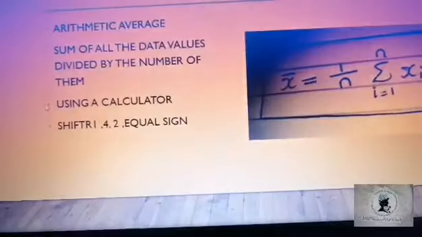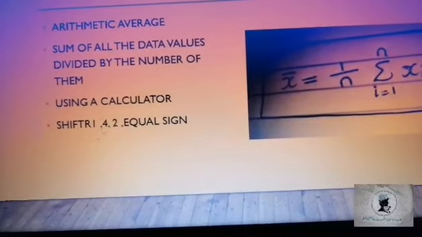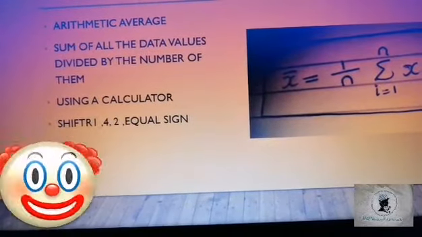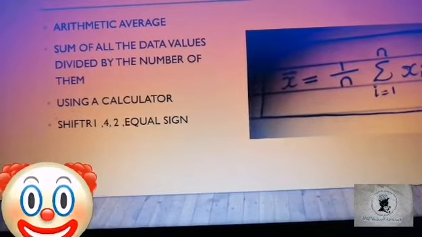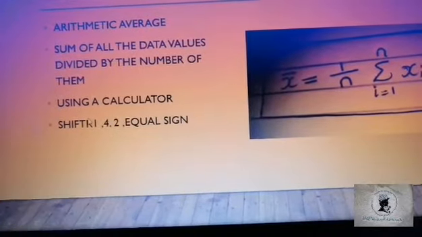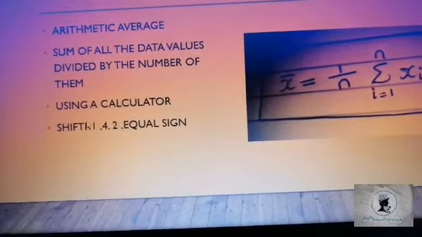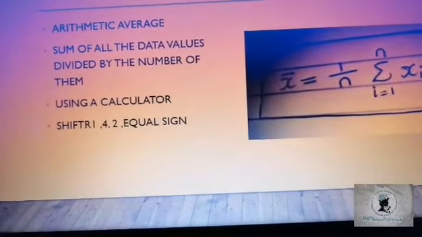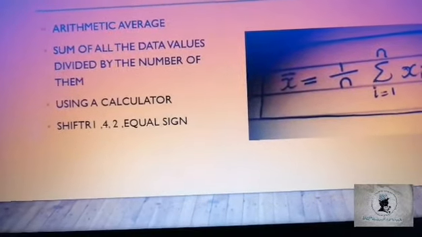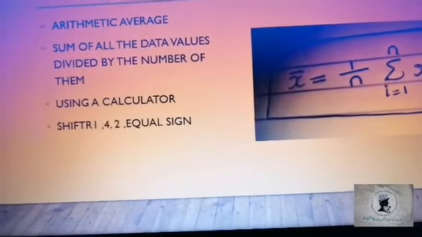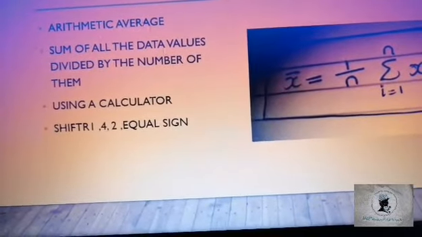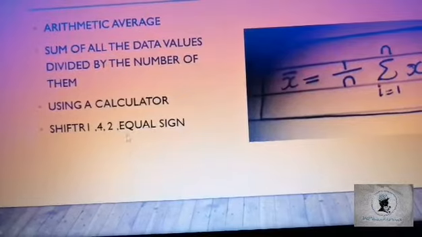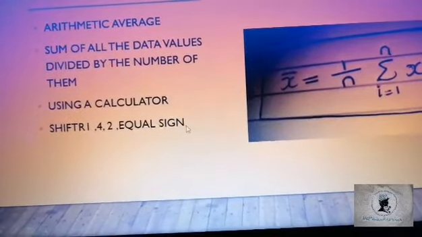You are going to press shift 1. Excuse me for the typo in the slides, I wasn't aware of that, I'm just seeing it now. So you are going to press shift 1 and you'll choose option number 4, then number 2, and the answer you get will be your mean.